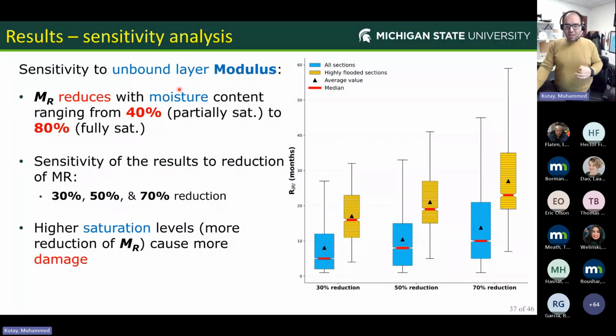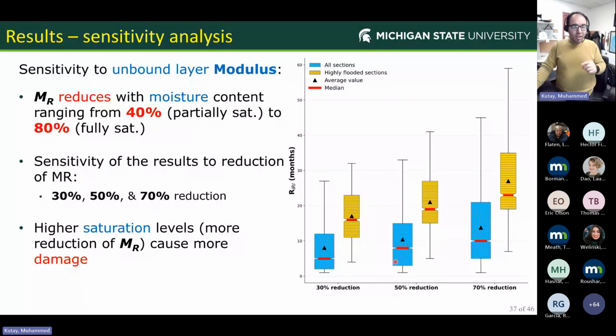We are using three different levels: 30% reduction, 50% reduction, and 70% reduction. And you can clearly see that the sensitivity of the model to this is quite significant. So higher saturation levels may cause more reduction in the resilient modulus, and that reduction in resilient modulus can cause a higher reduction in the pavement service life.